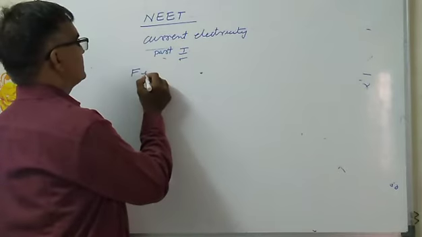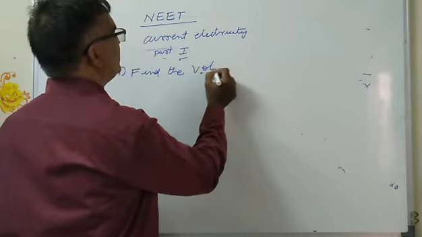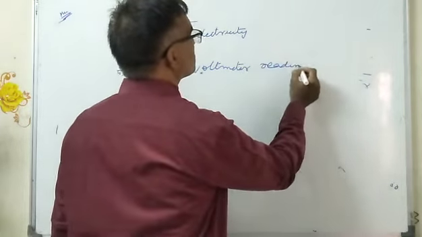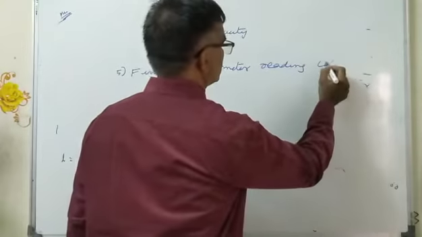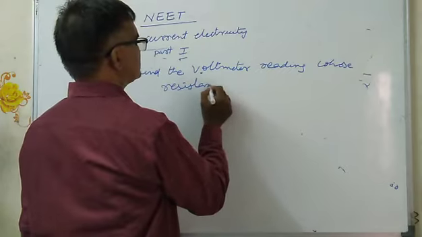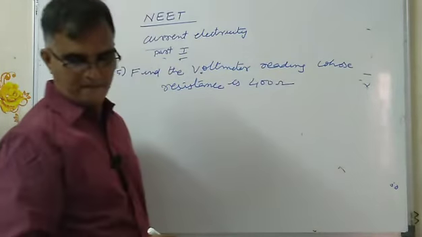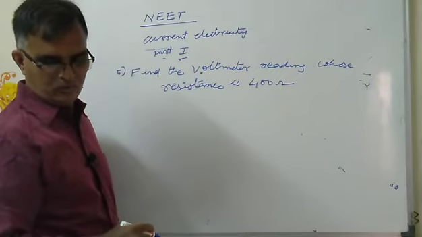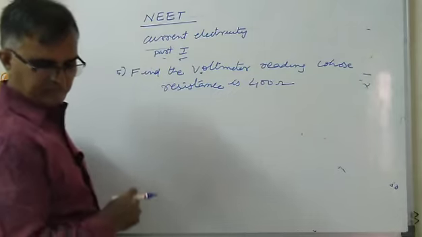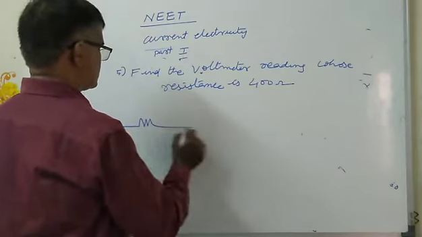Find the voltmeter reading. Now here, what you have is a circuit like this.